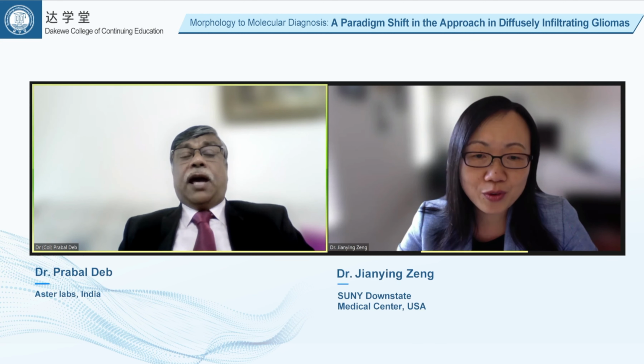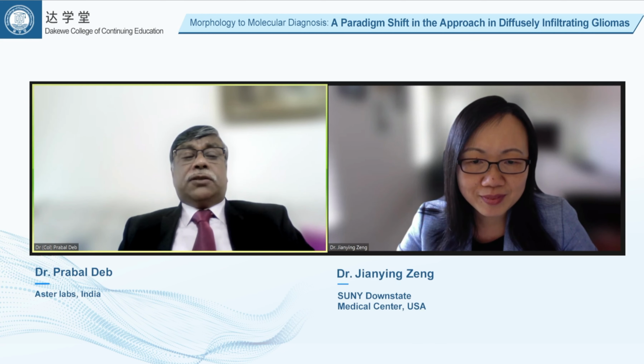Agreed. So it is absolutely correct. Because I am quite concerned with the concept of diffuse astrocytoma, which is IDH wild type. Now, is it a molecular GBM? So I might just sign it off.